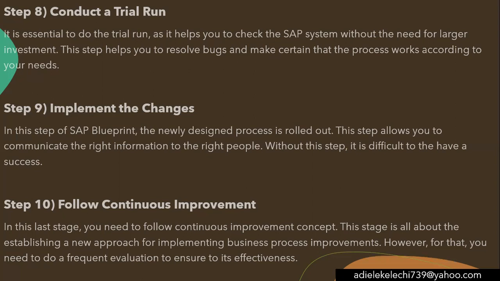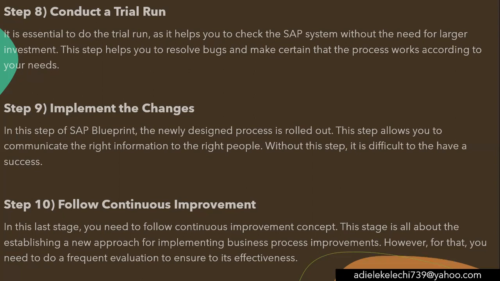People are educated because it's a new system, so there has to be a change management process to bring staff on board and to explain the benefits that the SAP S/4HANA system will deliver to the business so that they can improve buy-in to the project.